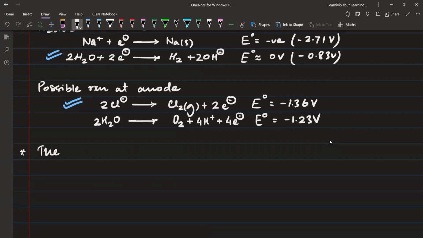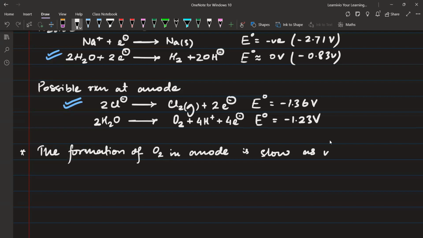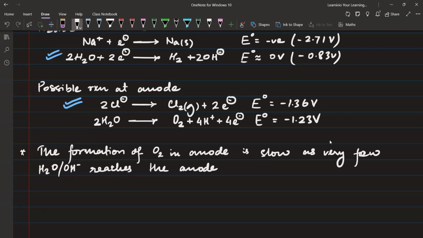The formation of O2 at the anode is slow as very few water or OH negative reach the anode.